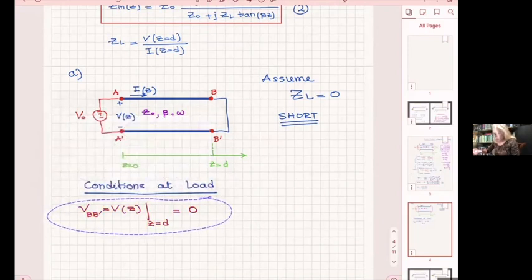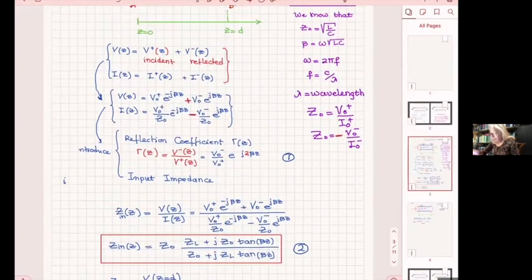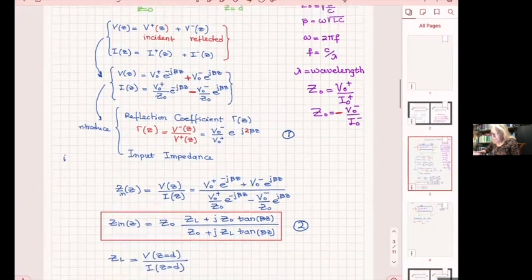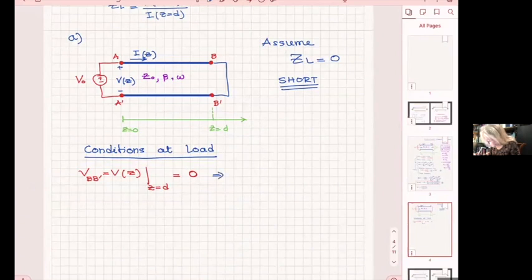Okay, because the voltage is 0, look at that. That means at D, I can then write next to it, because of that condition that I have, V naught plus e to the minus J beta D plus V naught minus e to the J beta D equals 0.